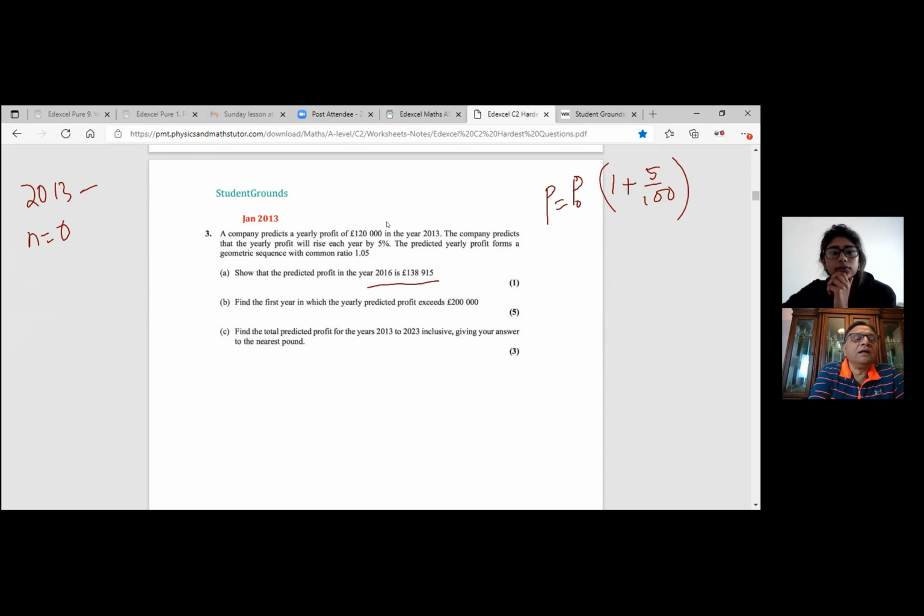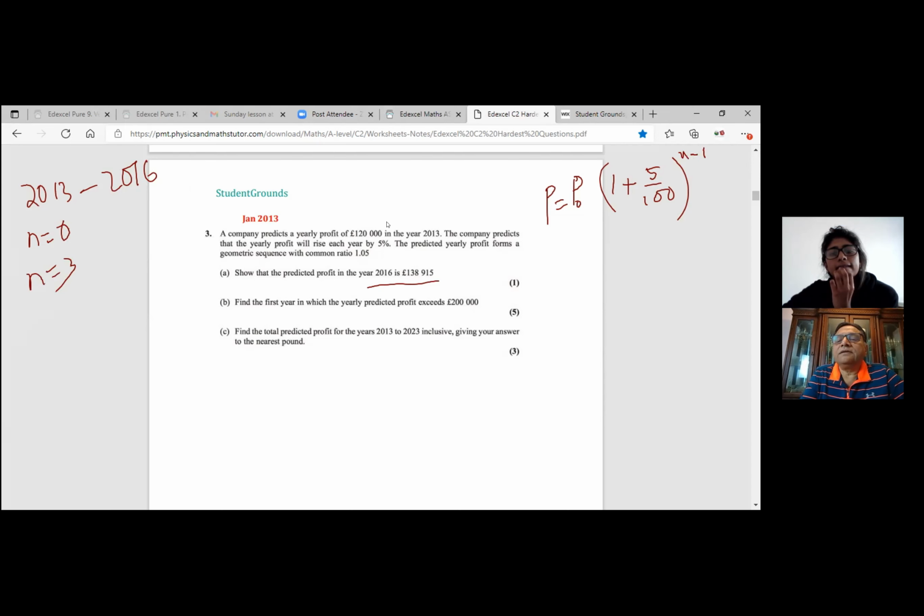Is that okay? So when you're talking about 2016, which year is it? 2014, 2015, 2016 means n equals 3. So after every year, the formula is n, or we could write n minus 1.